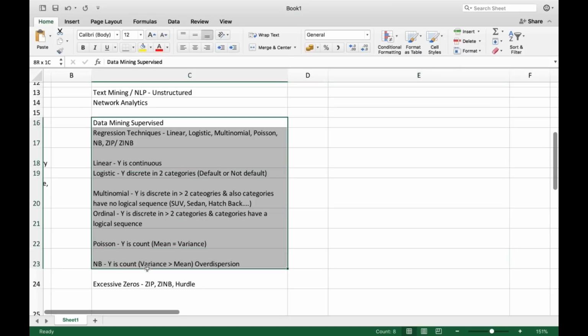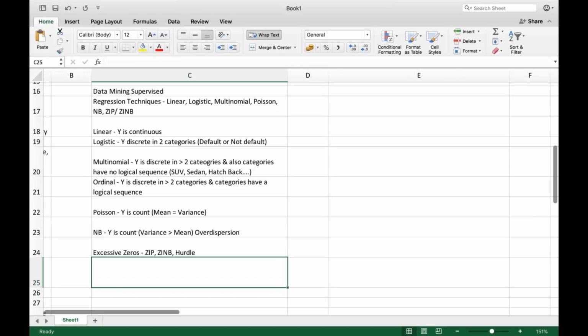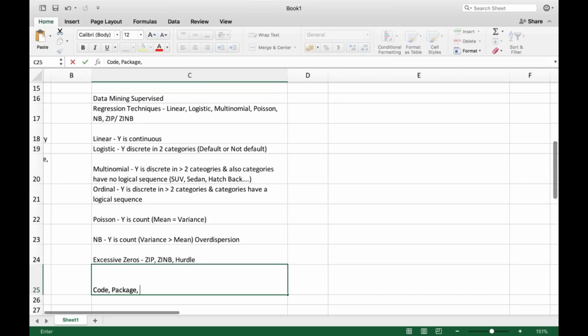Do I need to understand everything? Yes. To what depth? The only depth that you need to understand all these techniques is you understand the code, you understand the package. When I say code, only that one line: linear regression LM, logistic GLM, family equal to binomial, Poisson GLM, family equal to Poisson, right? GLM.NB for negative binomial. That's it. And the corresponding package. That is all that you need to know.